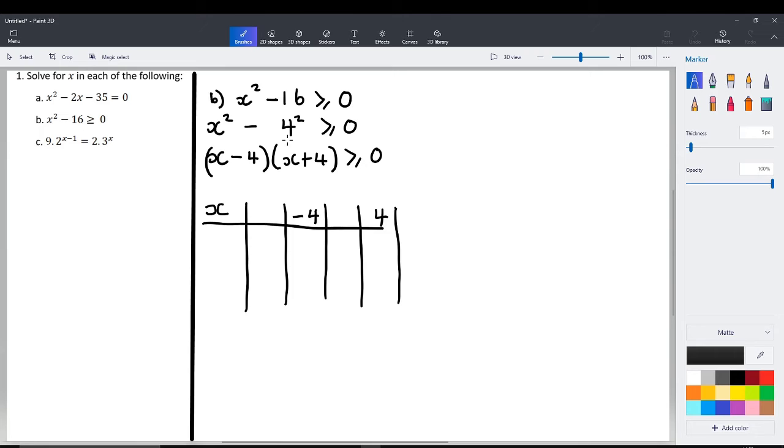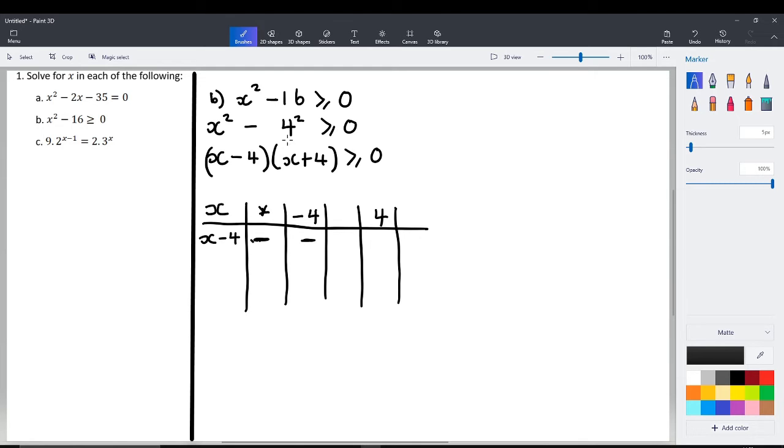So for the first bracket, x minus 4, in this column here, I'll be substituting values that are less than minus 4. For example, minus 5, it can be minus 10. If I substitute that, my overall bracket would actually still be negative. So you just write the sign there. Then I substitute minus 4 into that bracket. It would still give me a negative value.